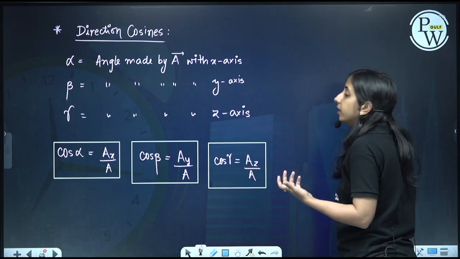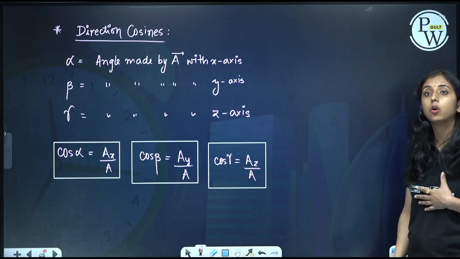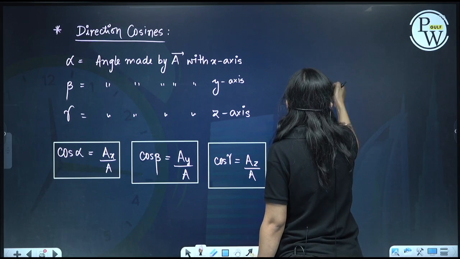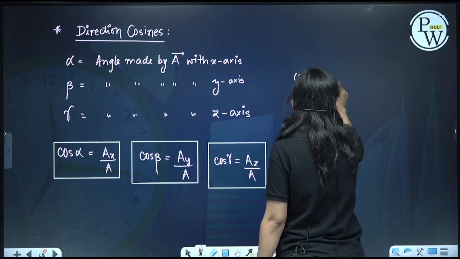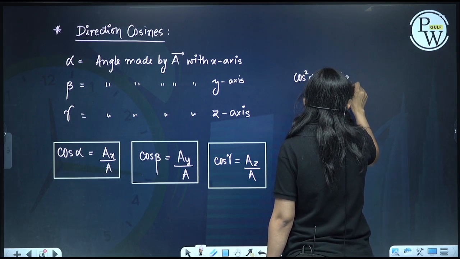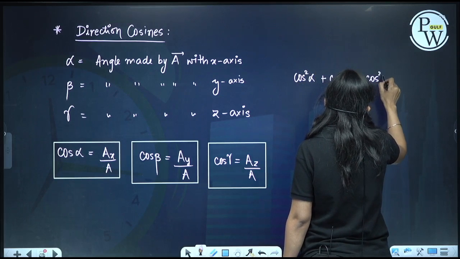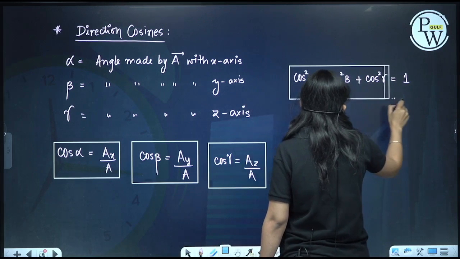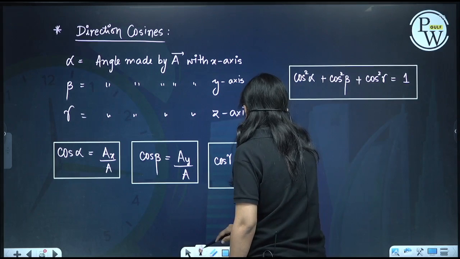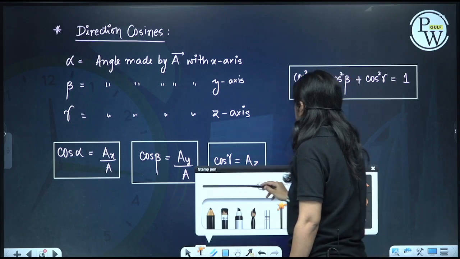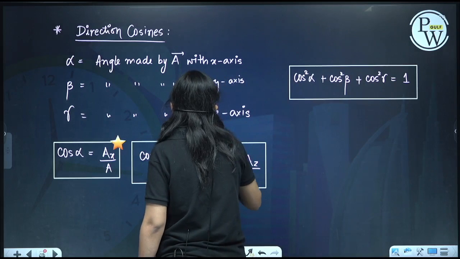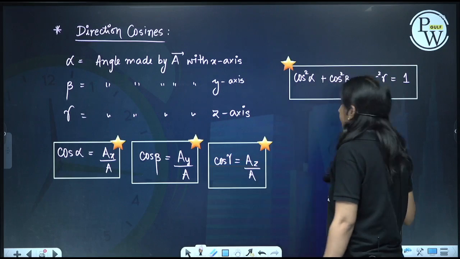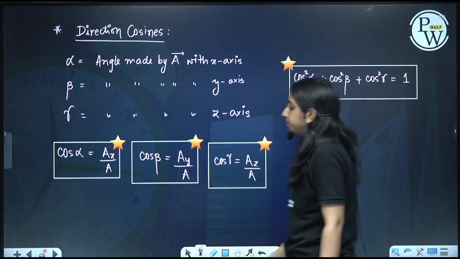These are called the direction cosines, and the value of cos square alpha plus cos square beta plus cos square gamma is equal to 1. So these are my direction cosines of A.